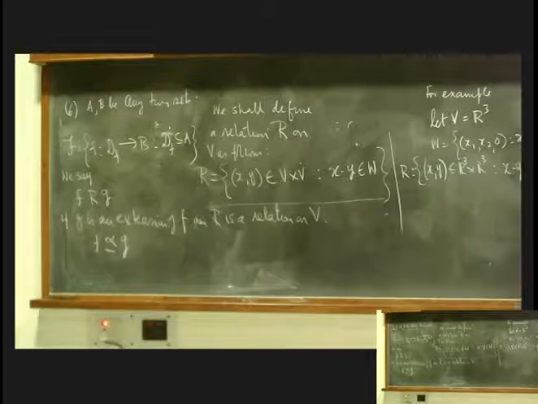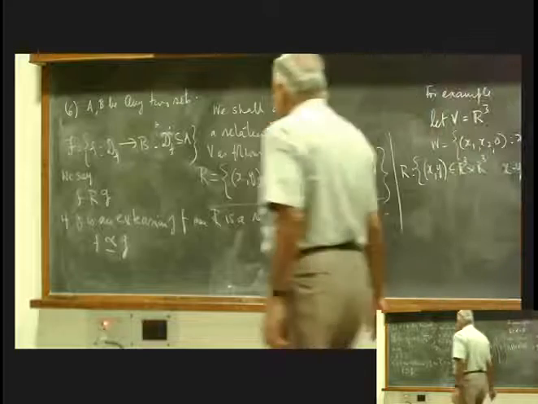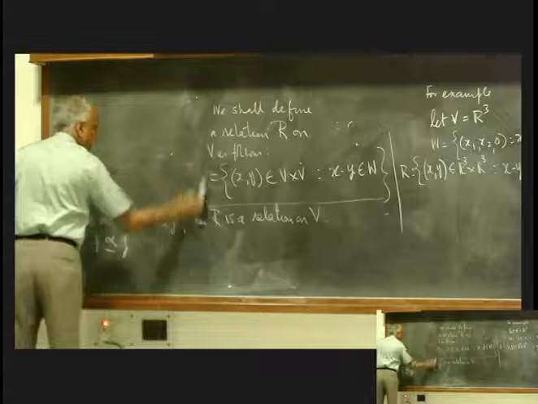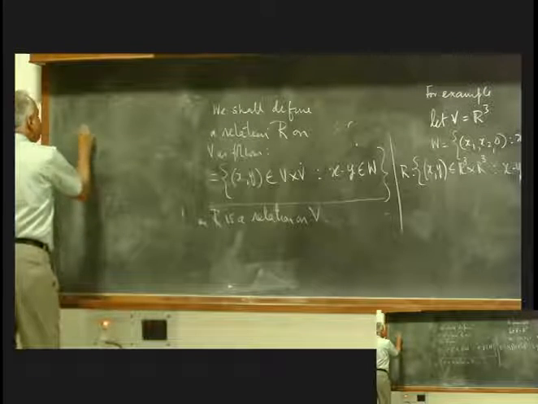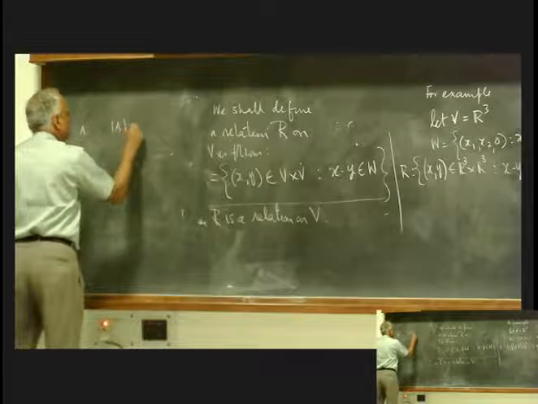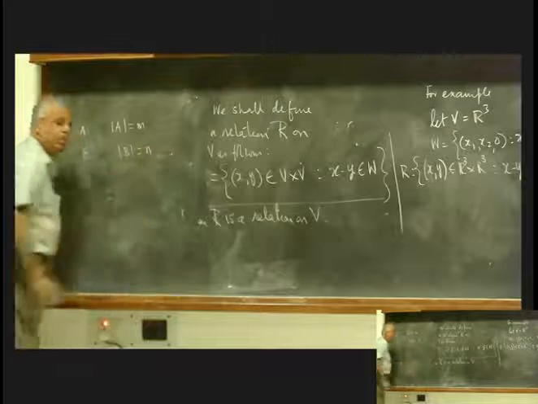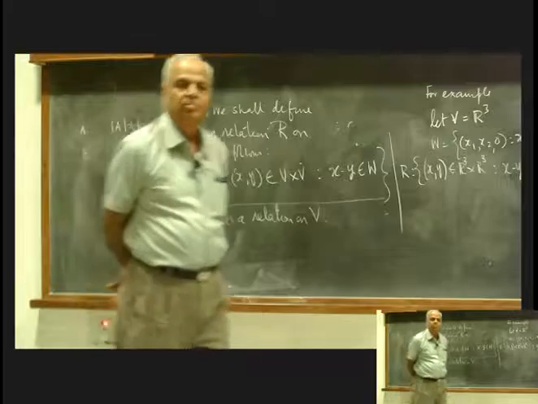So we can go on, but if you take any two sets, and take any subset of A cross B, you are going to get a relation. So basically, suppose I have a set A whose size is M and B whose size is N, M elements and N elements. How many relations can I define from A to B?